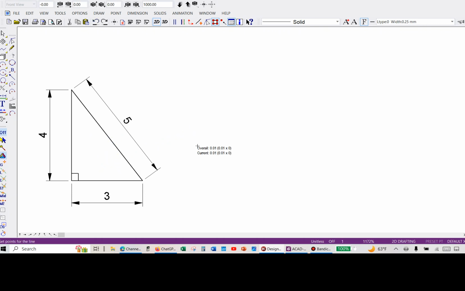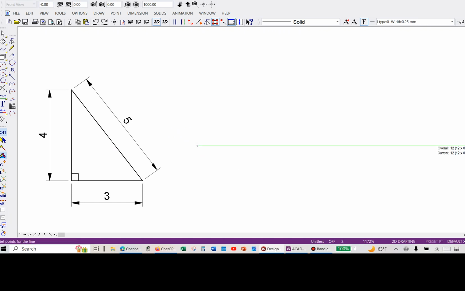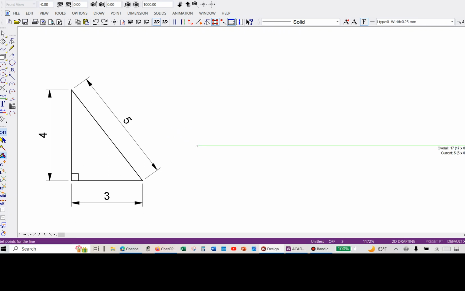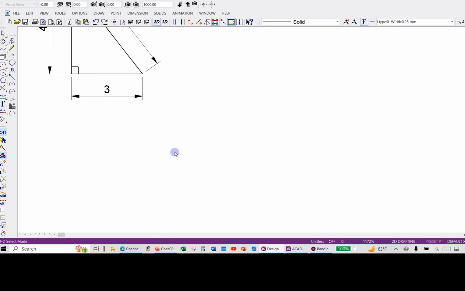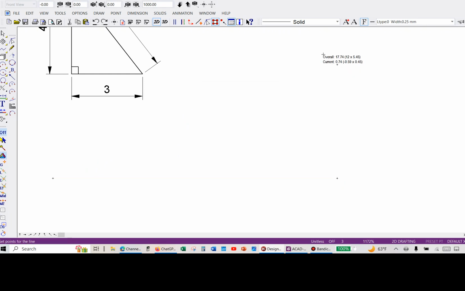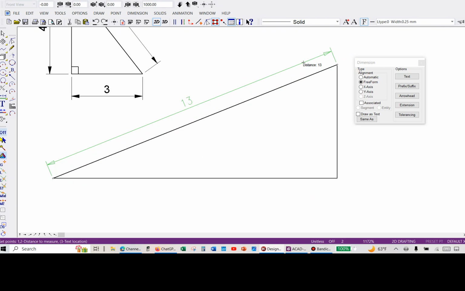So if you get one, I think it is, let's go 12, enter, tab 5, enter, and I think that's 13. Yeah.